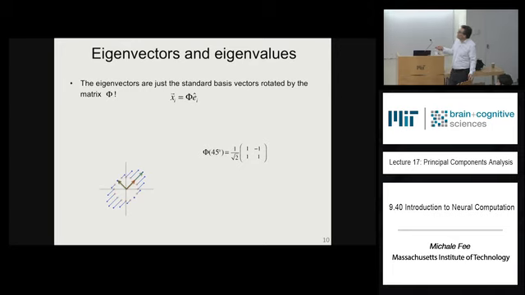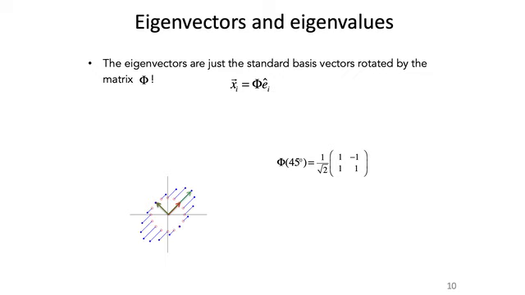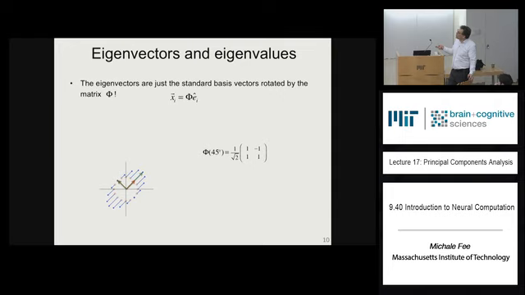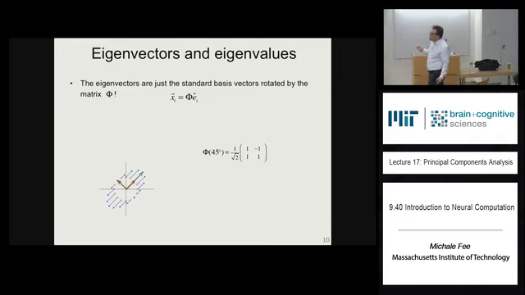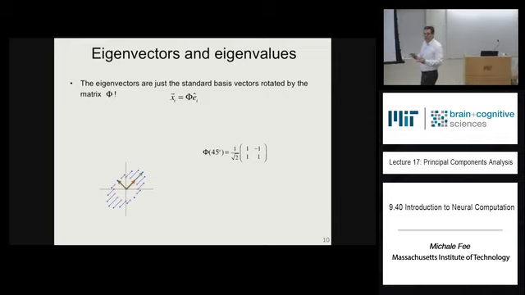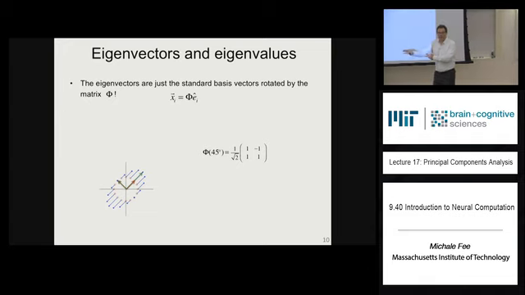These eigenvectors here are given by phi times a standard basis vector. So phi is a rotation matrix, right? So phi times a standard basis vector is just a standard basis vector rotated, right?